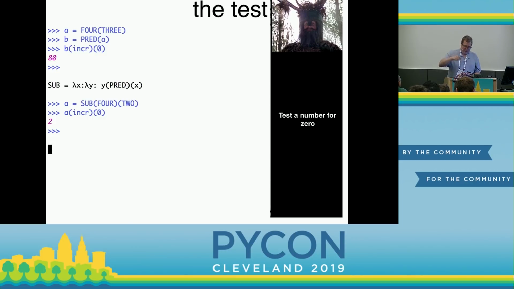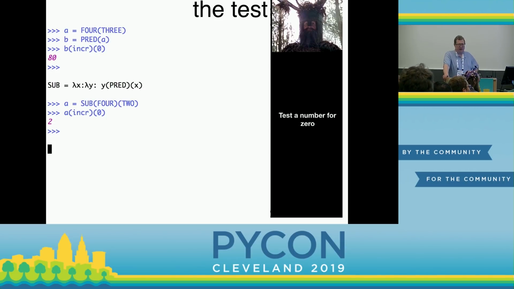Now, the thing that I'm having you do next is, if you can test a number for 0, this allows you to start checking things. Why would you want to test a number for 0? Well, if you can start doing tests, then maybe you could start thinking about control flow, like if statements.